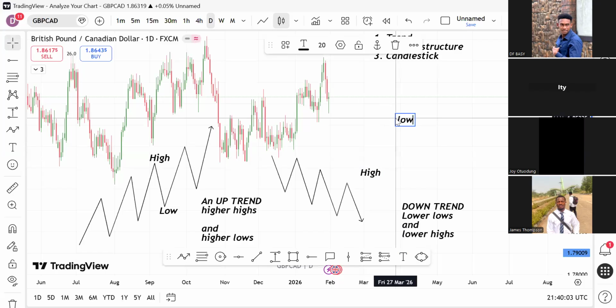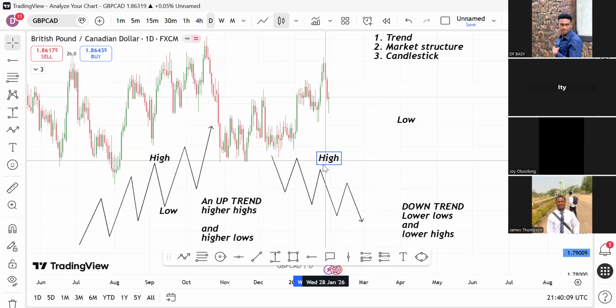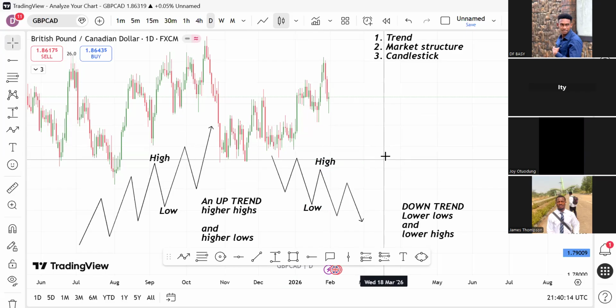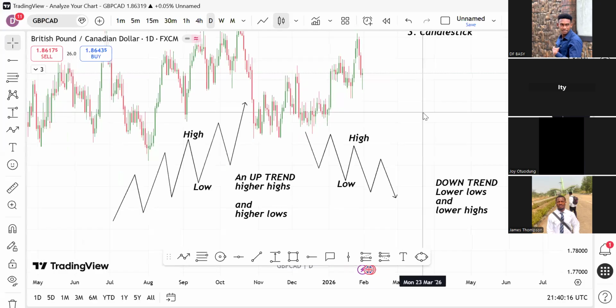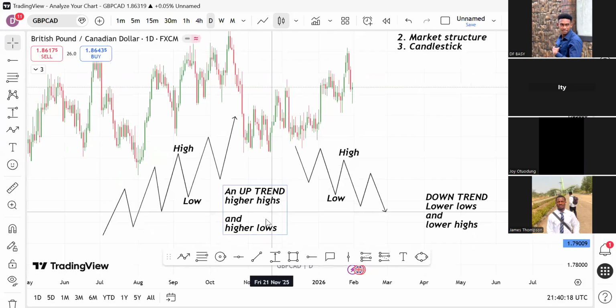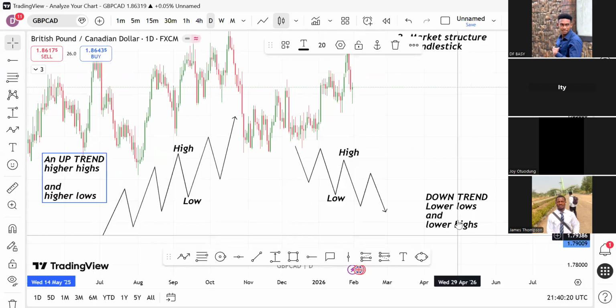Now as for the downtrend, this is the high and this is the low. Hope you guys are following me. So this is an uptrend over here, and this is a downtrend over here.